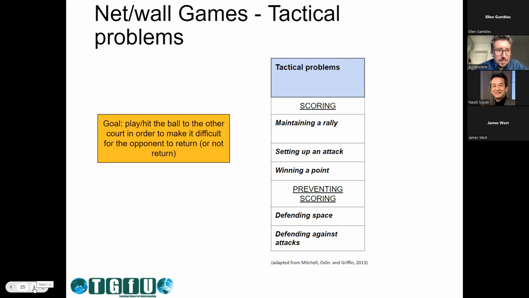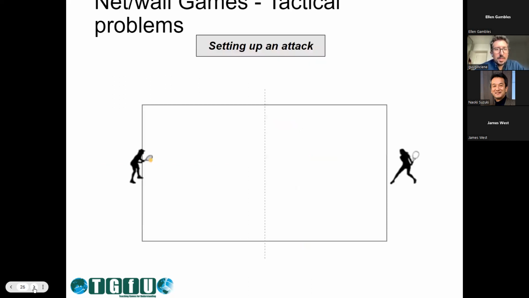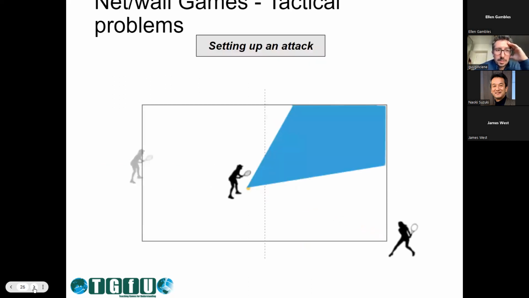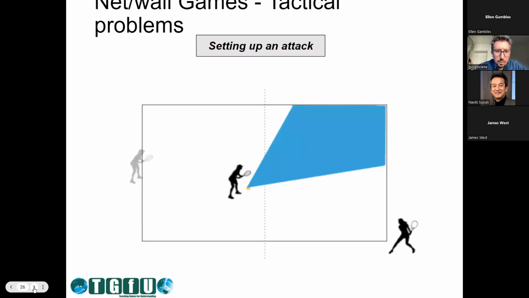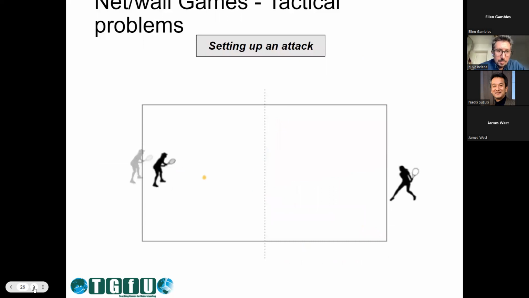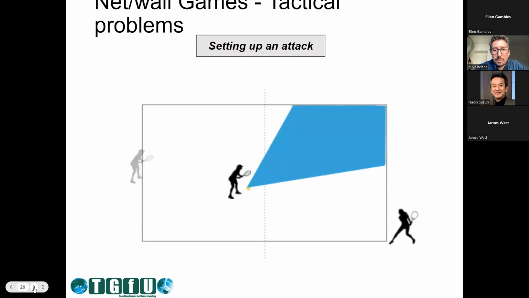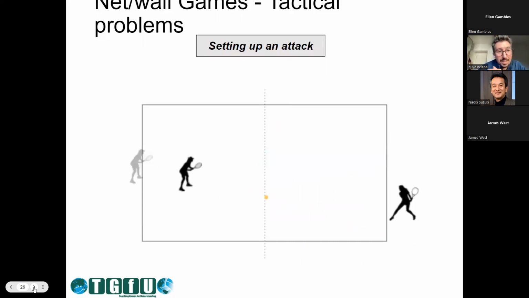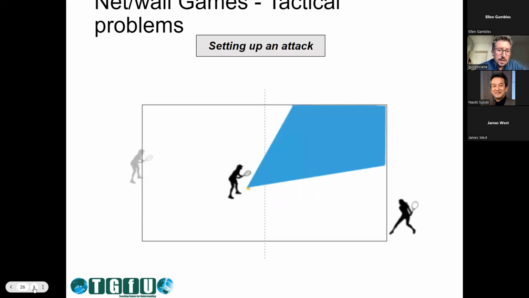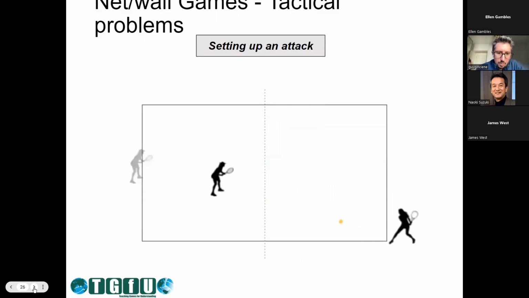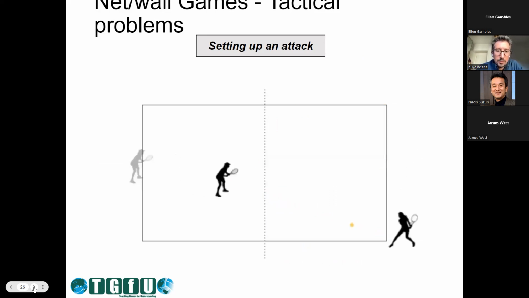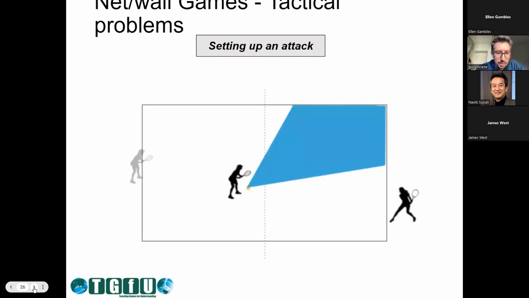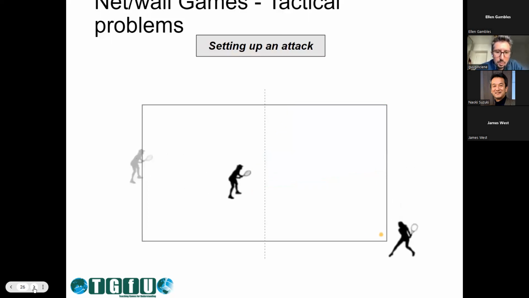Next slide, please. And now I'm going to show some examples. For example, in the attack phase, I can set up an attack and create a space for the next point, the next hit. So this is an example of how we can create this space in net wall games where the ball can bounce on the court, like tennis, for example.